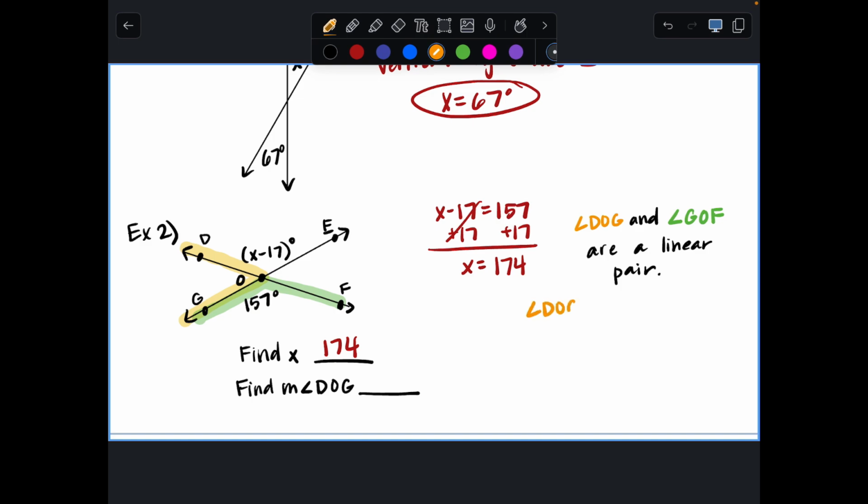So angle DOG plus 157 equals 180. So the measure of angle DOG, what is it? 23. 23 degrees.